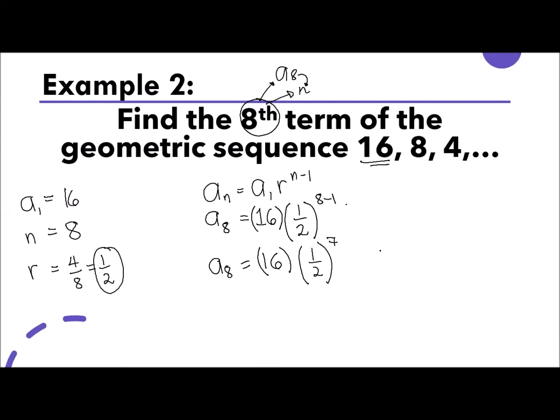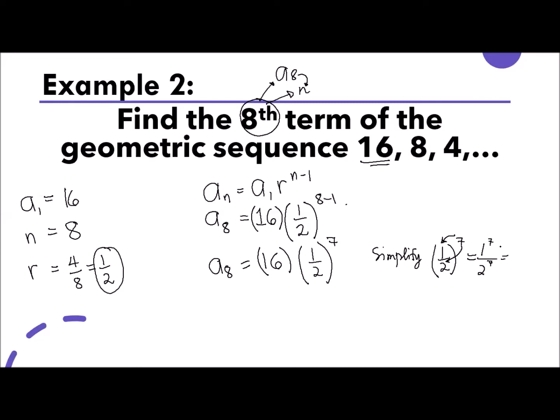Okay? And then, what is 1/2 raised to 7? So we're going to simplify 1/2 raised to 7. Anong gagawin po dyan? Meron tayong 7 na 1/2. Okay? So, kung i-simplify mo siya, ibig sabihin yan, 1 raised to 7 at saka 2 raised to 7. Okay? If you're going to rewrite it.